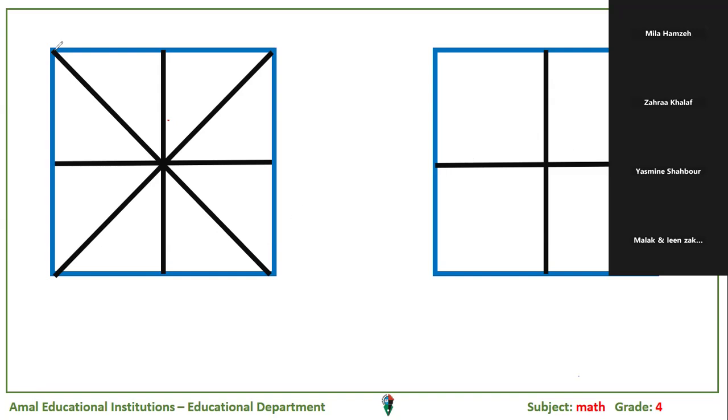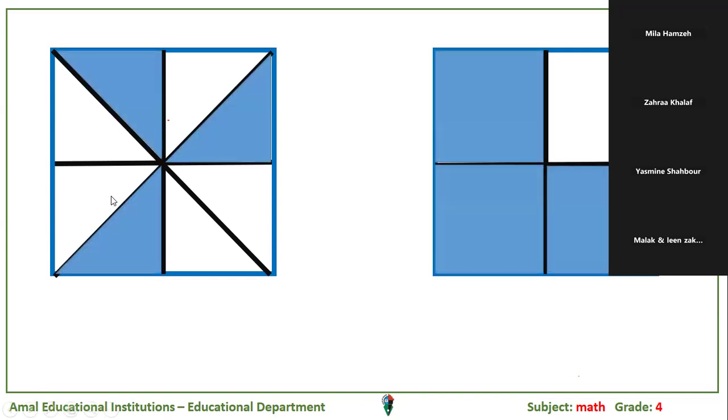What do the colored parts represent in the first example? 3 from 8. And in the second example, what do the colored parts represent? 3/4, not over 1. 3/4, because we have 4 parts in total.